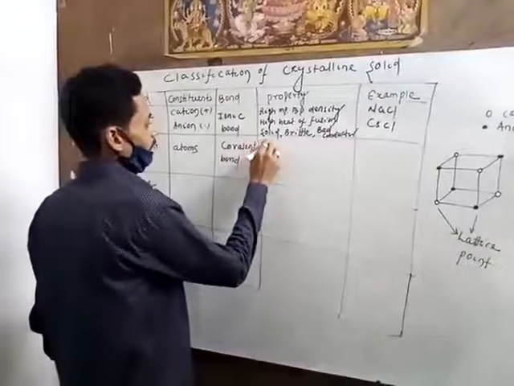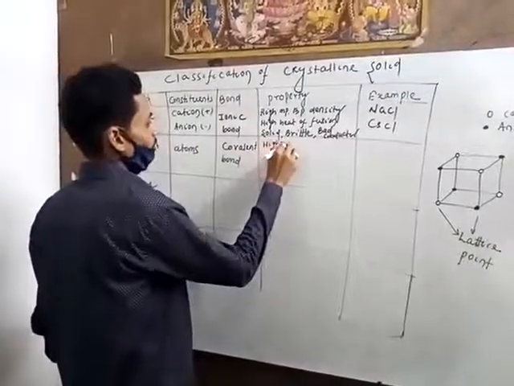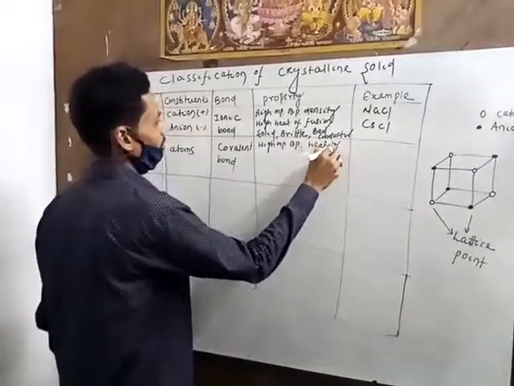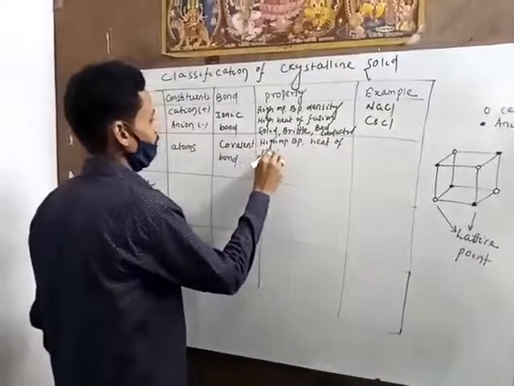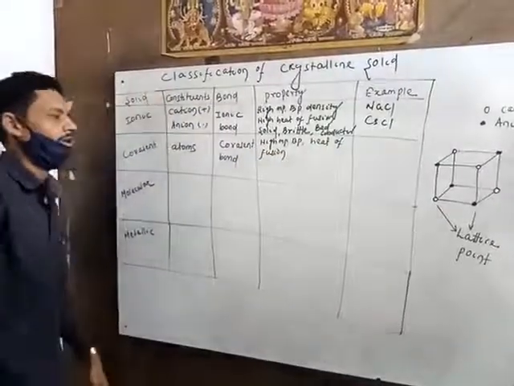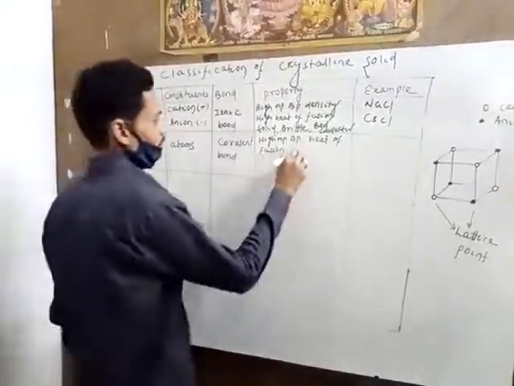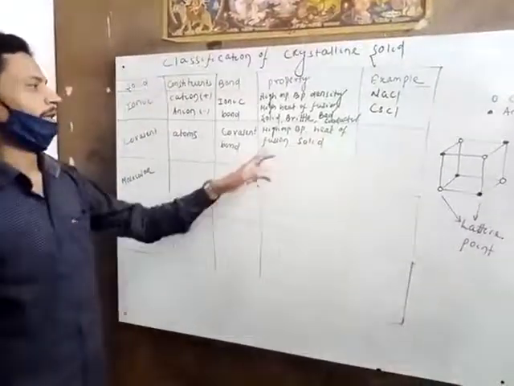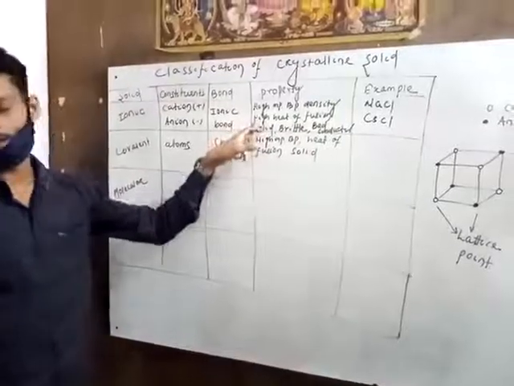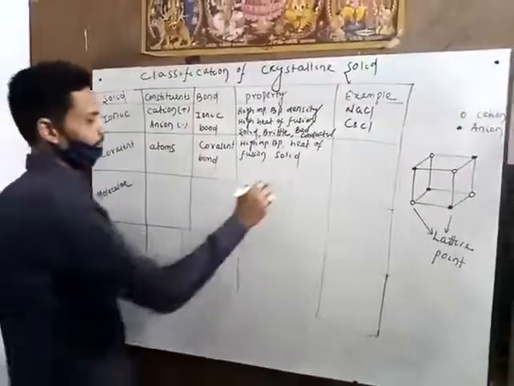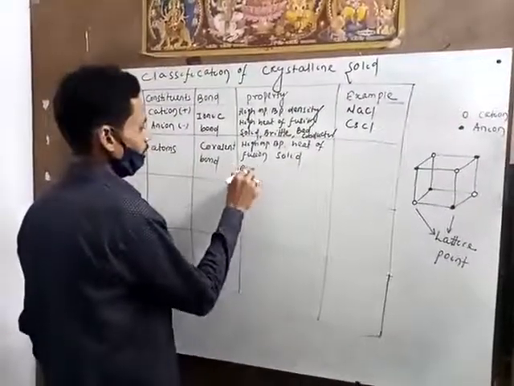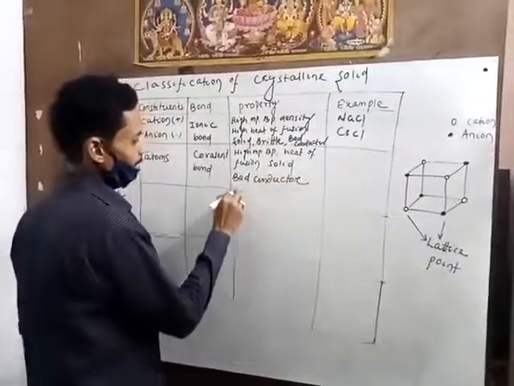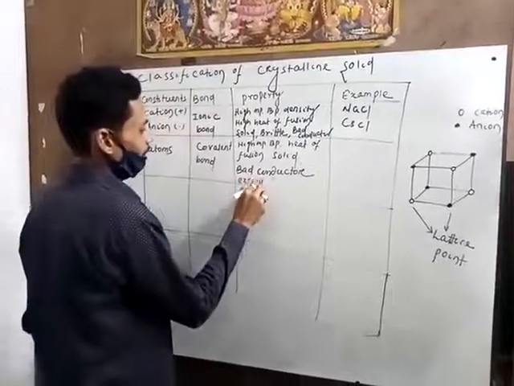It also has high melting point, boiling point, heat of fusion. These are also solid. The heat of fusion is slightly less than ionic solid. These are bad conductors of heat and electricity except graphite.